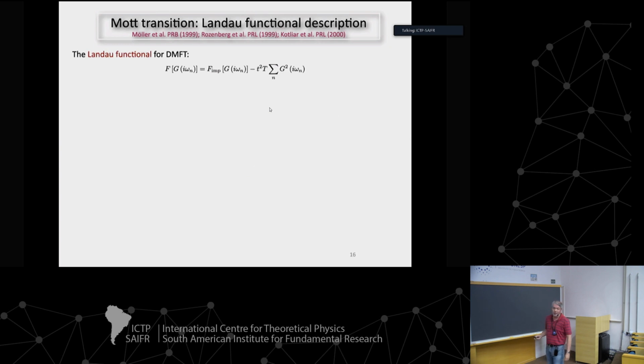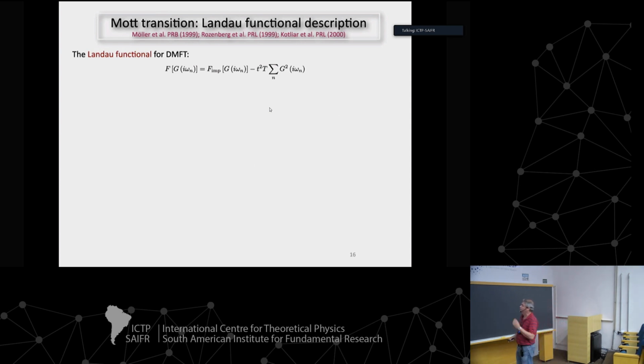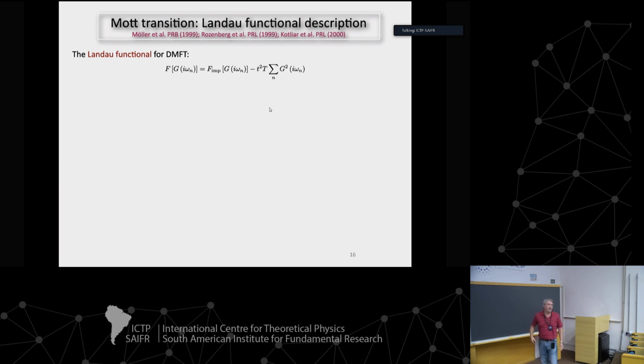So the Landau functional description of dynamical mean field theory has been done also. You have a free energy, which is a function of the order parameter, which in our case is a function of the frequency. Let's say, for instance, in terms of the Green's function, it could be the self-energy, it's equivalent, but here written in terms of the Green's function. So this is the Landau functional that should show that kind of behavior that I showed you before.